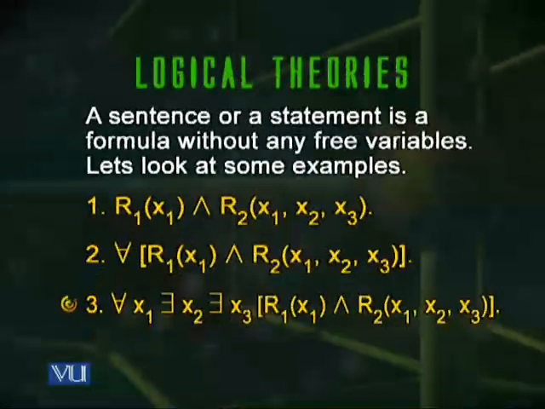In this formula, x1 is not a free variable because it comes within the scope of a quantifier, whereas x2 and x3 are free variables. Let's look at the third formula, which says for all x1, there exists x2, there exists x3, R1 of x1 and R2 of x1, x2, x3. In this formula, all the variables are not free, they are bound, they come within the scope of the quantifiers. Therefore, this formula has no free variables, and we will say that this formula is a sentence.